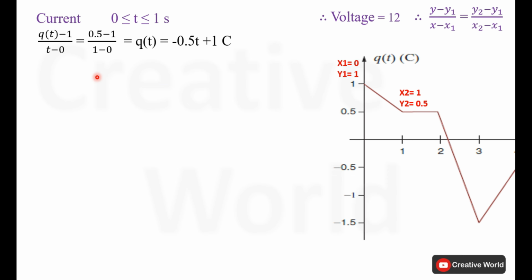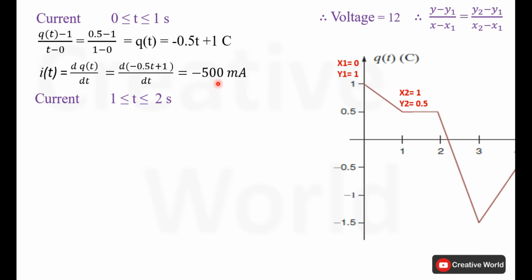Entering these values in the straight line equation, where on the y-axis we have charge and on the x-axis we have time in seconds, we got the charge between 0 and 1 second equal to minus 0.5t plus 1 coulomb. In order to calculate the current, we took the derivative of this charge and got minus 500 milliampere.